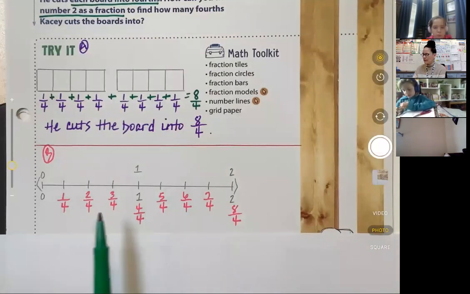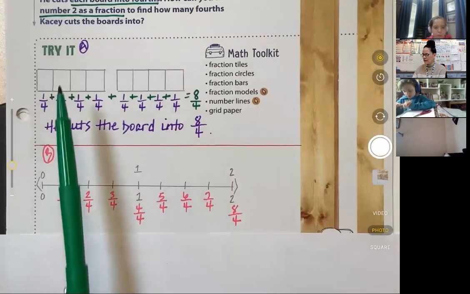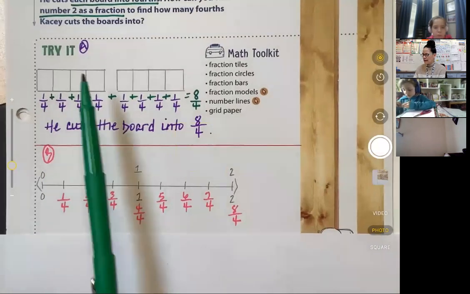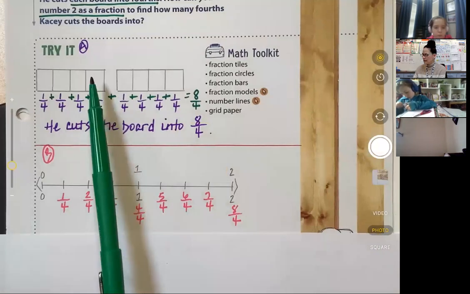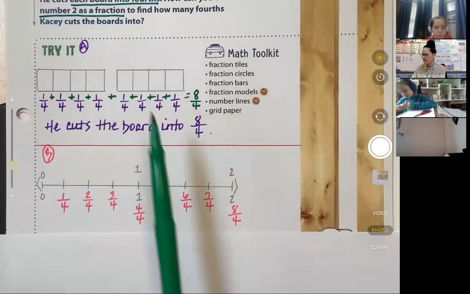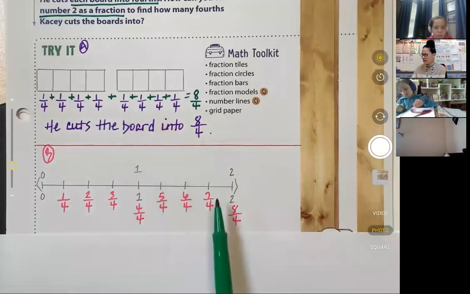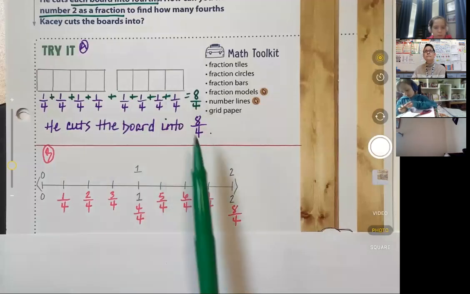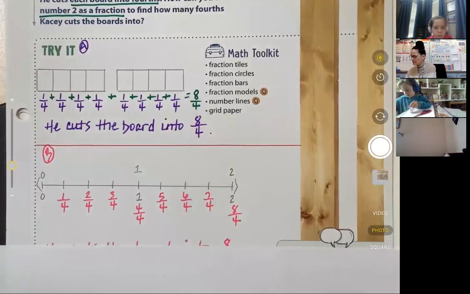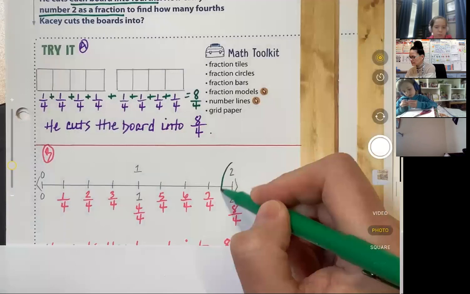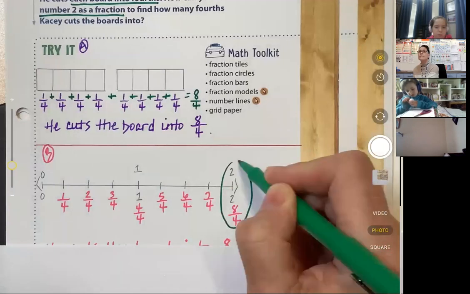So here's a 4th, and here's a 4th, and here's a 4th, and here's a 4th. But let's keep going. Here's a 4th, here's a 4th, here's a 4th, and here's a 4th. Notice here where we end at the number 2.